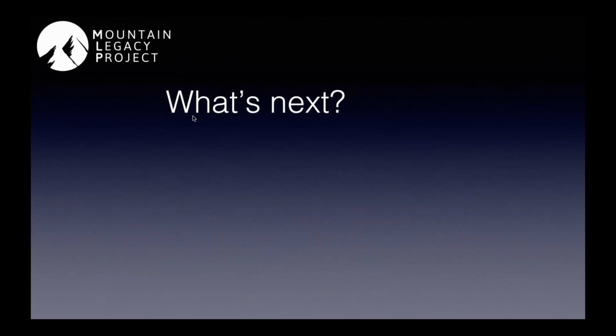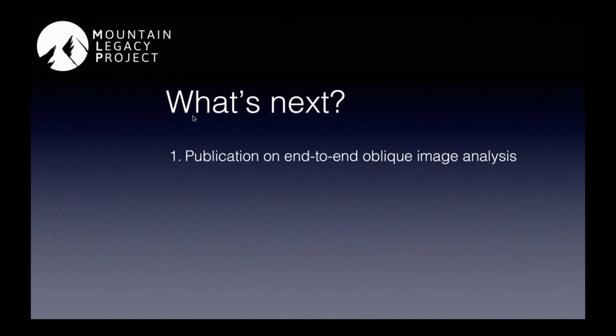In wrapping up, let's speak about what's next for where we want to go, specifically around the outcomes of the Landscapes in Motion work we've been doing. The first is, no surprise, we're working on a publication that documents the end-to-end oblique image analysis. And we're hoping to get that out in the not too distant future. We're also working on ongoing development of software to help people be able to unlock these images.